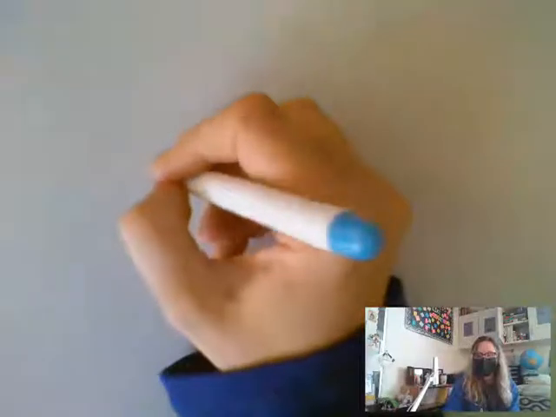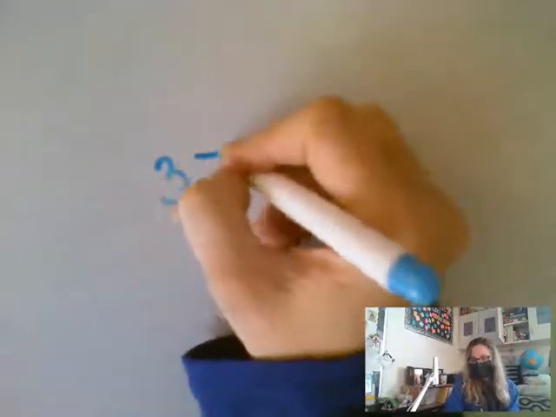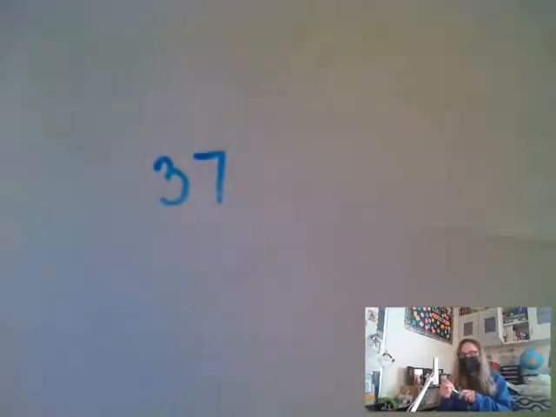So let's take, for example, the number 37. How many digits are in 37? I should see every hand up in this room. Jacob?